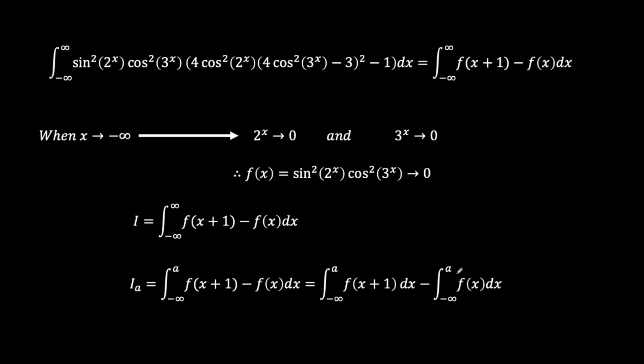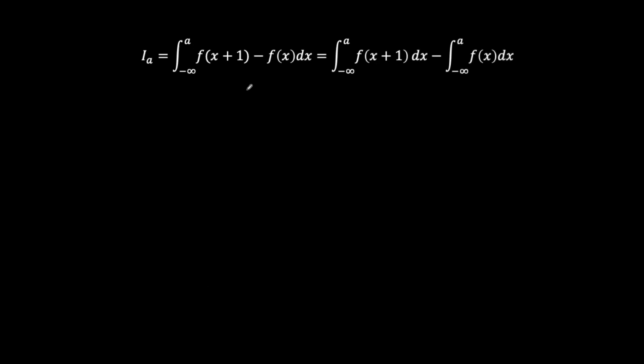Since we know that as x tends to negative infinity, these integrals tend to 0. And what that means is that the integral I_a, which is the integral from negative infinity to a, becomes the integral of f(x plus 1) minus the integral of f(x).